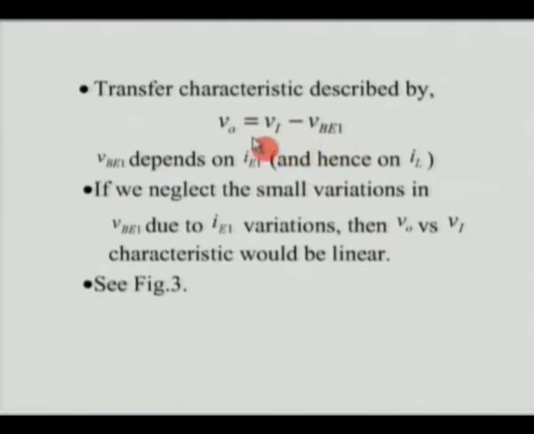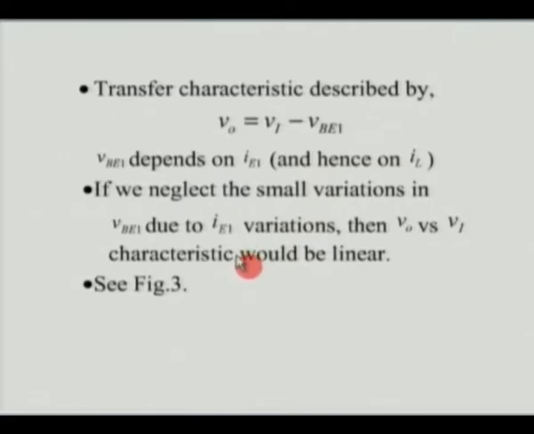This was an emitter follower, so the output is taken from the emitter. Therefore the output voltage is nothing but the input voltage minus VBE1, and this is an NPN transistor. So this is the equation. The important thing to remember here is that the value of VBE1 depends on IE1, and therefore also has a bearing on the value of IL.